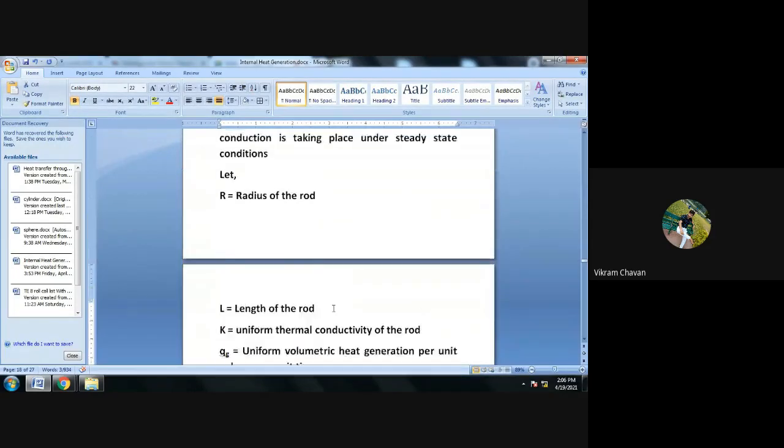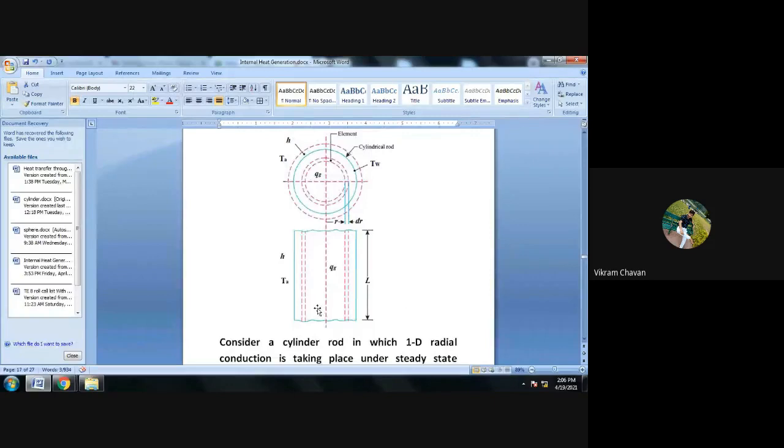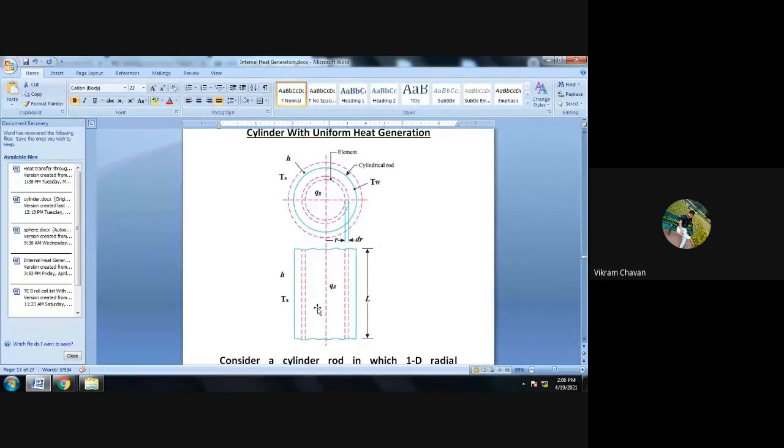Whether you understood the diagram? Okay, so draw the diagram, everyone. I will give you 2 minutes. Simple freehand sketching is required. Now these two concentric circles are the element we have considered, and the external dotted line shows that there is an environment outside this wall, ambient air, and we have to consider the heat dissipation from the surface of the rod to the external environment. Is there any question, any doubt?